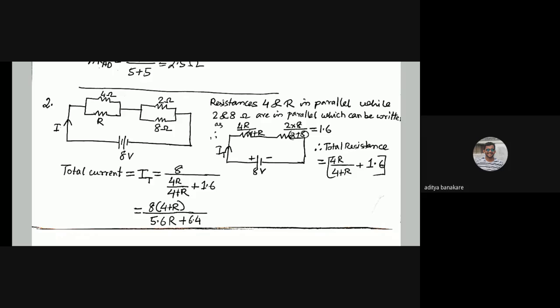Now this contains the unknown parameter R, the unknown resistance that we have to find out, that is there in the total current. How will we find out the resistance value of R now? See what was given in the problem.